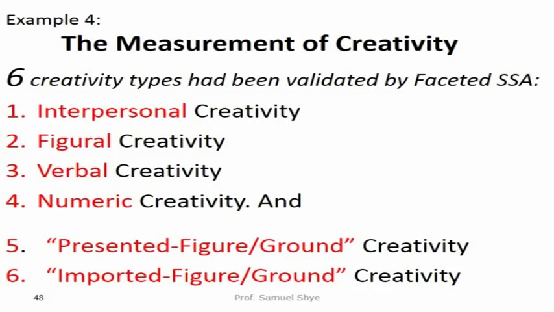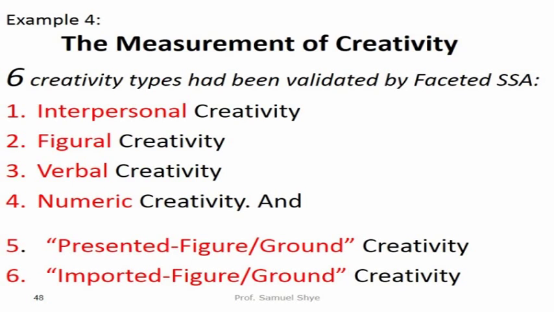The next example is the measurement of creativity from a study I did with Eritios in 2004. In this study, we identified by SSA 6 creativity types based on the material facets: interpersonal, figural, verbal, numerical. These are the same as the intelligence materials.